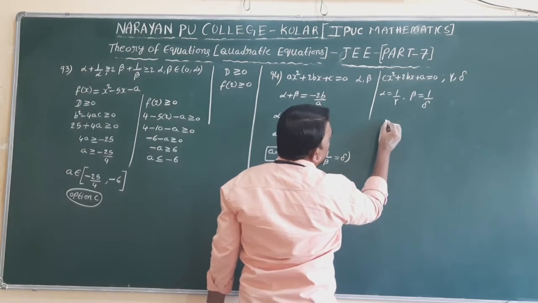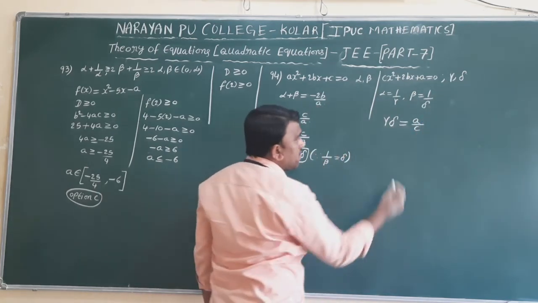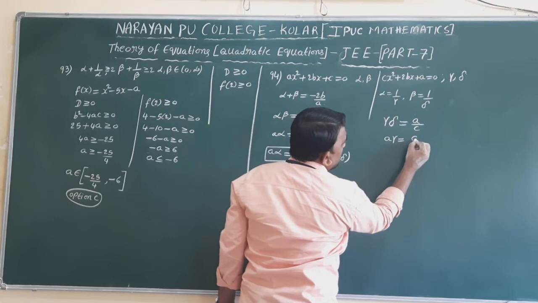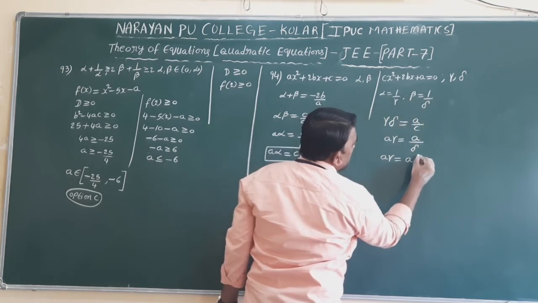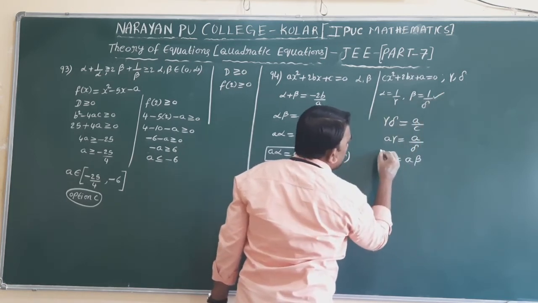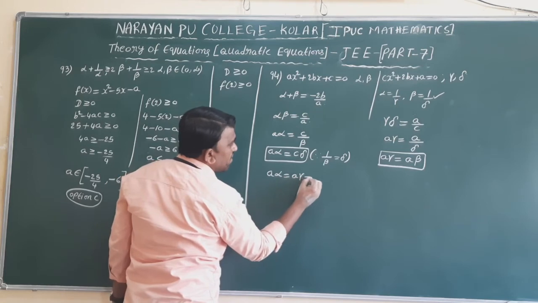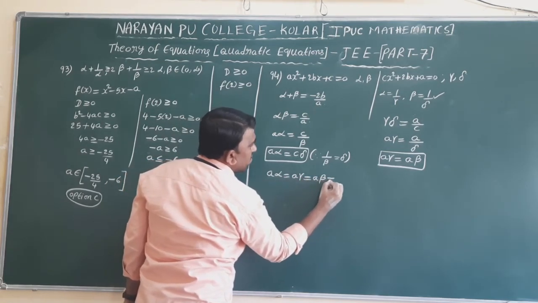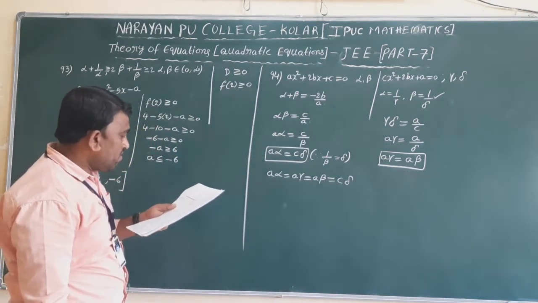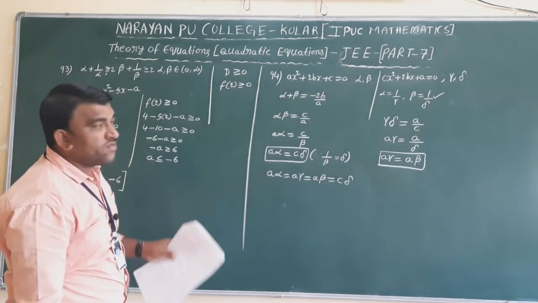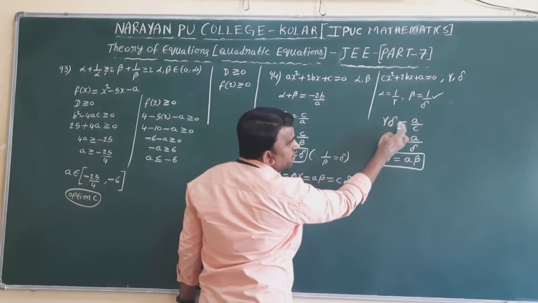The same thing: gamma delta product is a by c, because the roots' product is a by c. So gamma equal to a by delta.